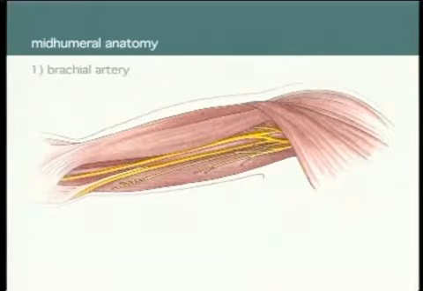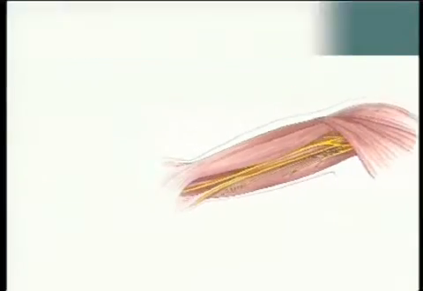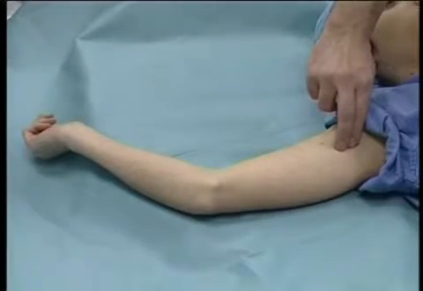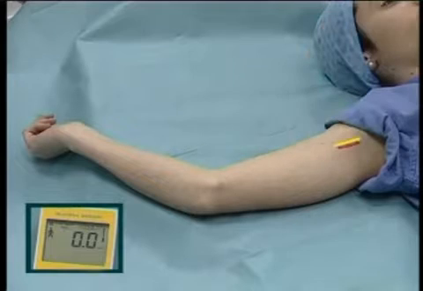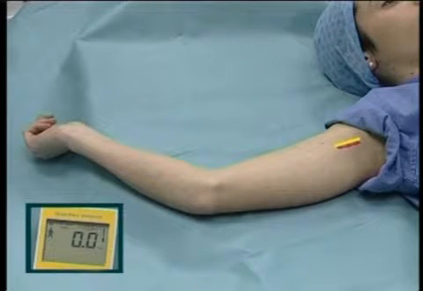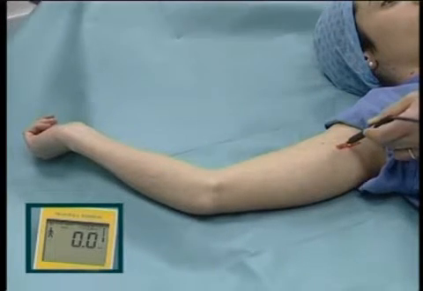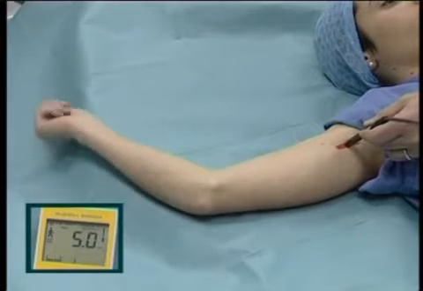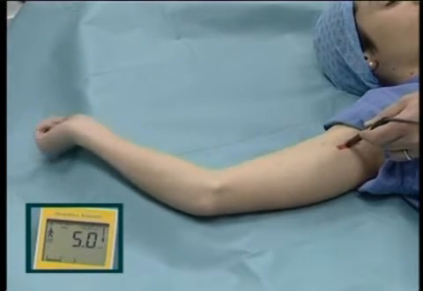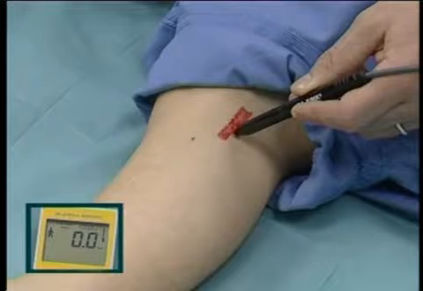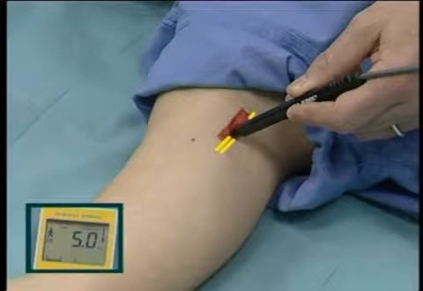Mid-humeral approach. Key landmarks are the brachial artery. Paresthesia is local. Motor response, due to the close proximity of the nerves to one another, is often mixed. We can see median nerve stimulation, finger flexion and pronation, followed by a mixed ulnar and radial stimulation.